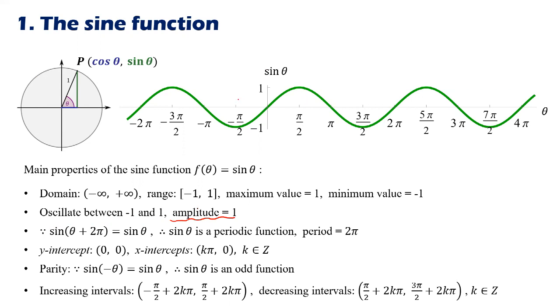The amplitude is defined as the maximum distance between the origin to the top, to the maximum value, or to the minimum value, right? So this distance here is called amplitude.